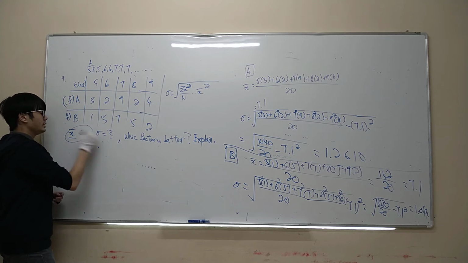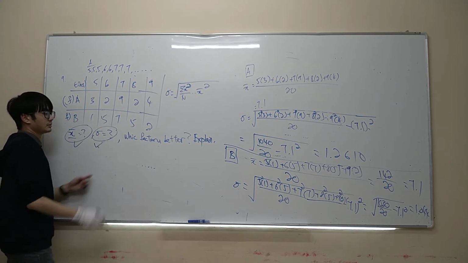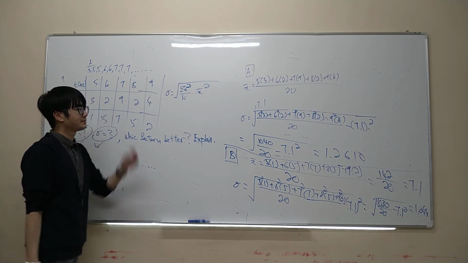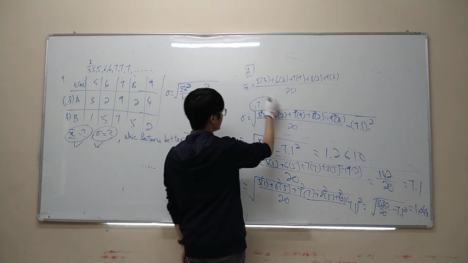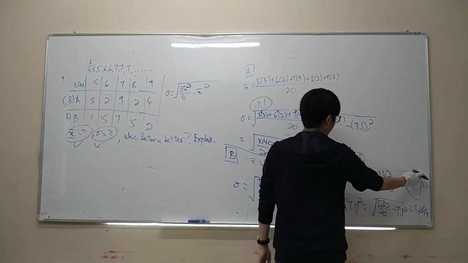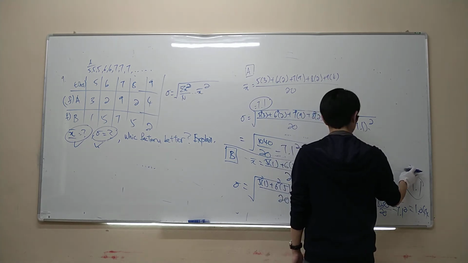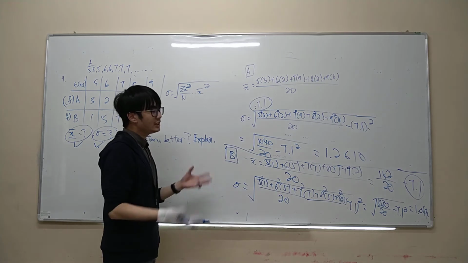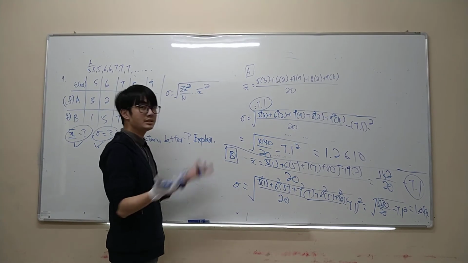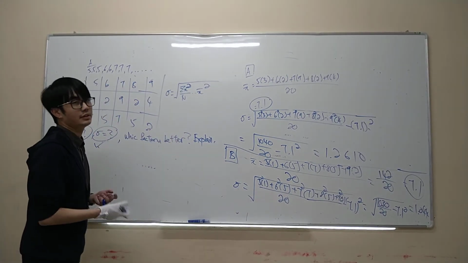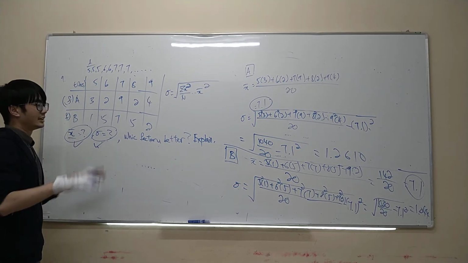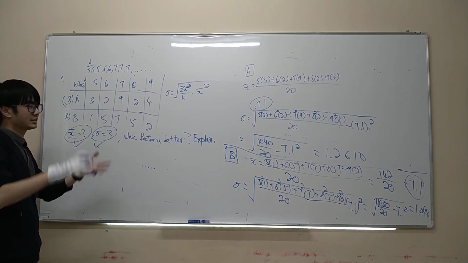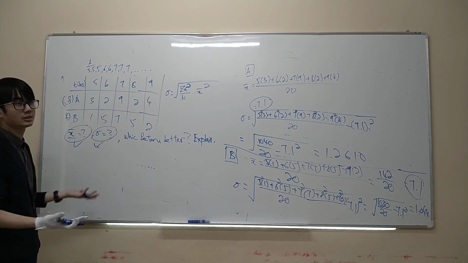I already found the mean and the standard deviation. So, which factory is better? And then explain. The mean is the same, 7.1, 7.1. What does that mean? Mean means average, right? So on average, the workers in both factories take around the same time to finish the work.